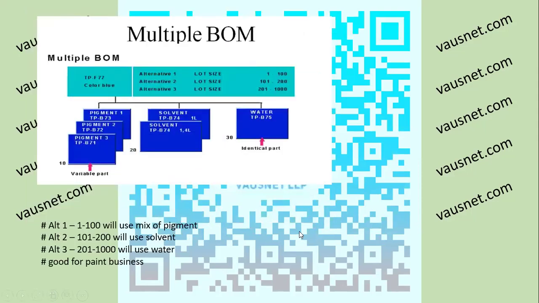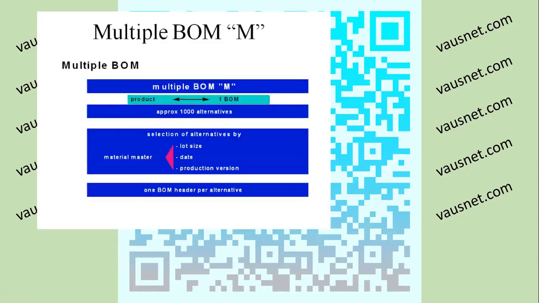Multiple BOMs, as I've already explained earlier, are alternates. Blue color, but as in paints, alternate 1 will use a mix of pigment, alternate 2 will use solvent, alternate 3 will use water, good for the paint business. Multiple BOM will have a selection of alternatives like lot size, date, production version.